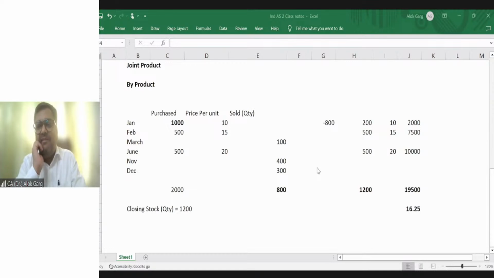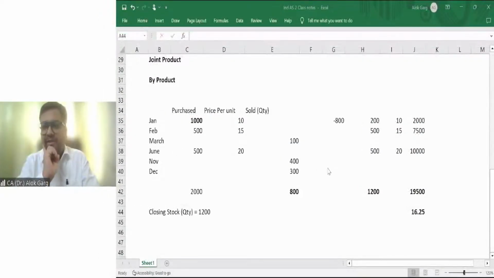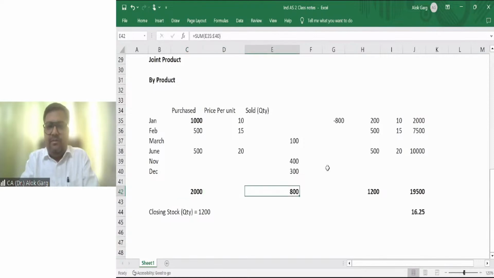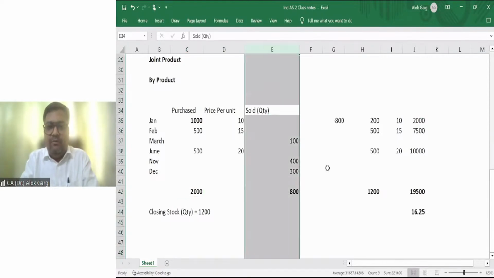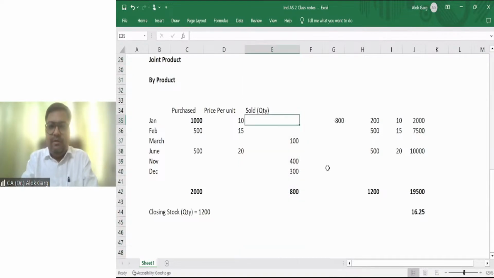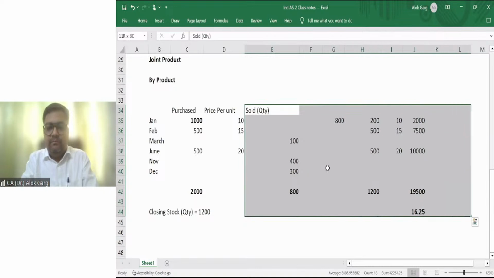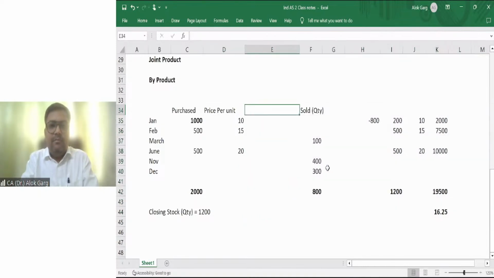Sir, what is the weighted average method? Simple. 2,000 is the total quantity I have purchased. What is the total value?